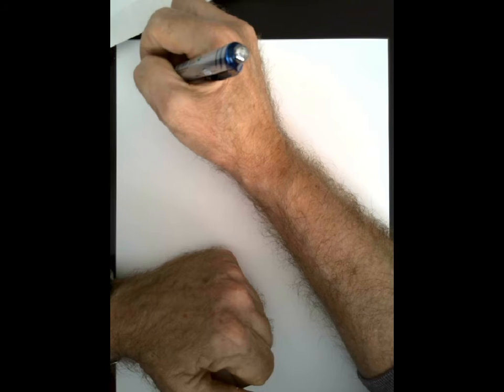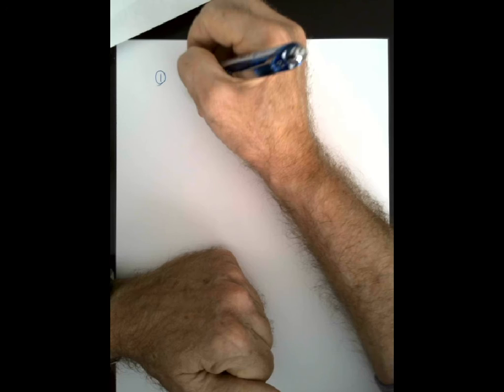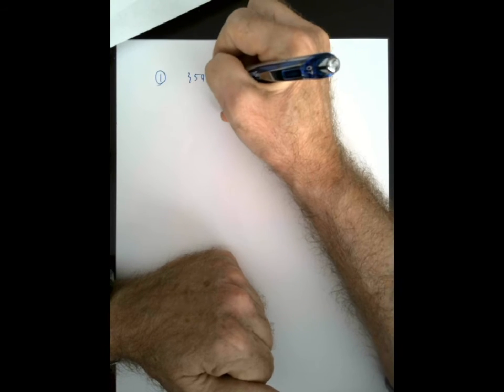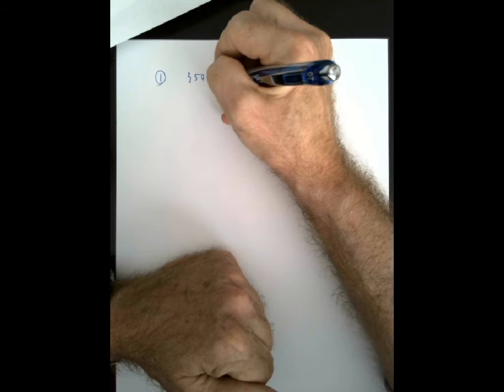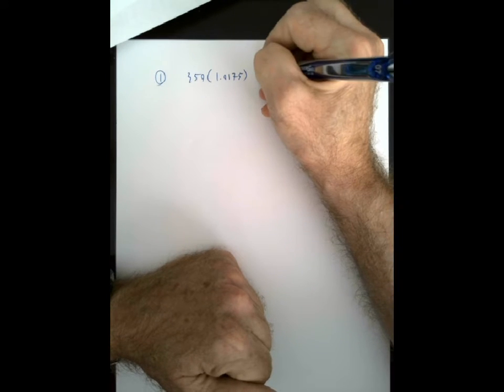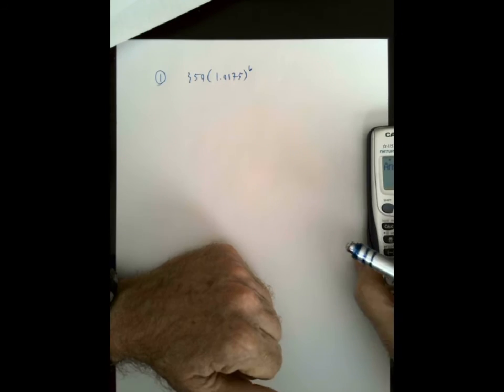Okay, you're back. So you try number 1 goes like this. It's going to be 350 times 1.0175, and it's going to be to the 6th power this time because it was supposed to be after 6 years.